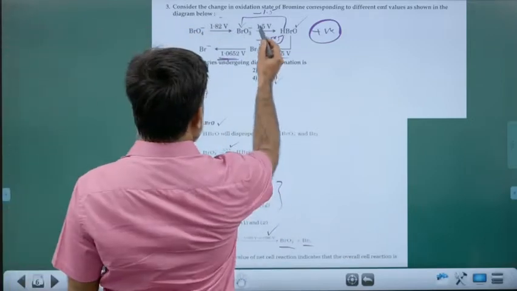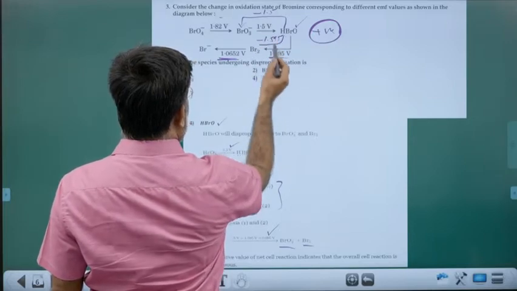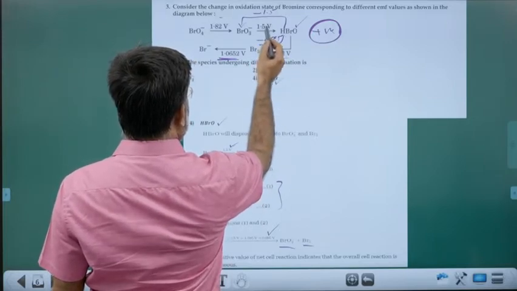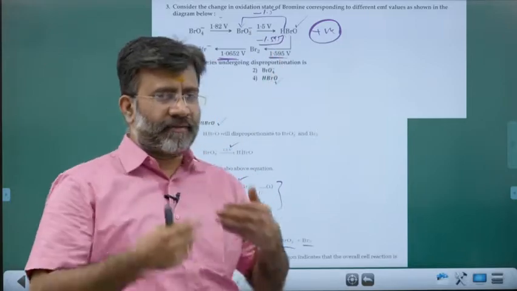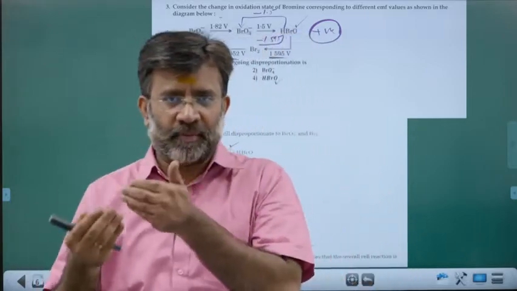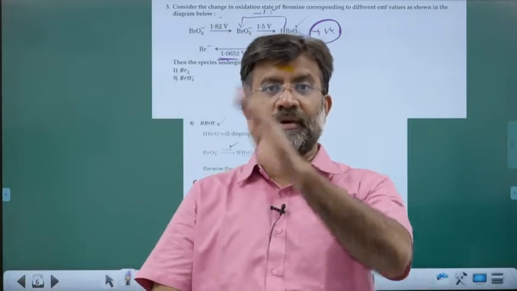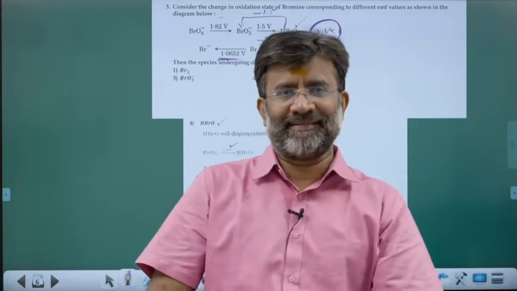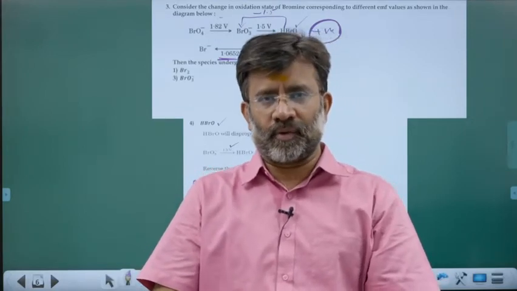You see, the potentials between these two are very close figures, so it can migrate either to this side or this side easily. The potential difference you can see is 1.5, 1.5, 1.5 like that. So close potential means it can either go to that side or come to this side. Easy disproportionation is shown by HBrO.